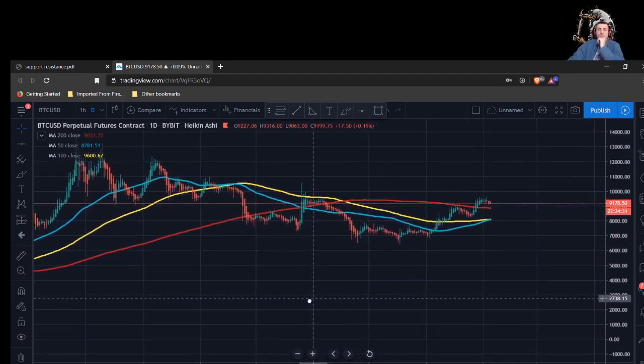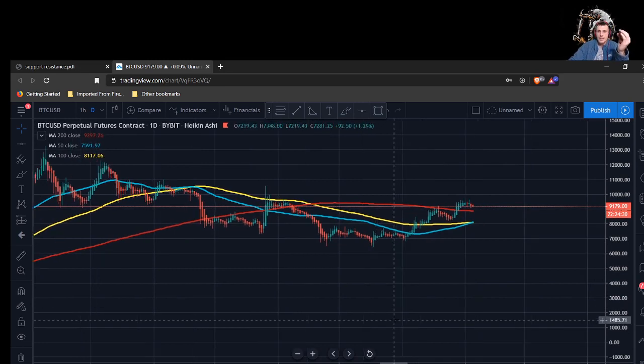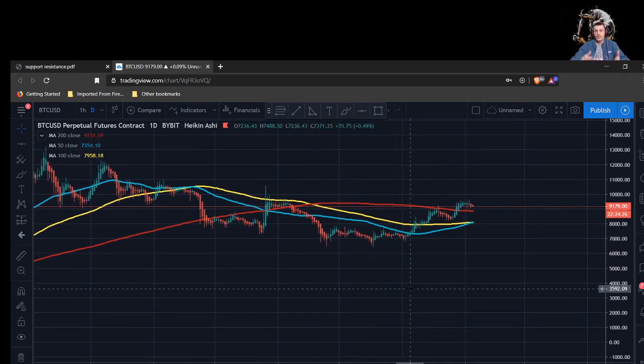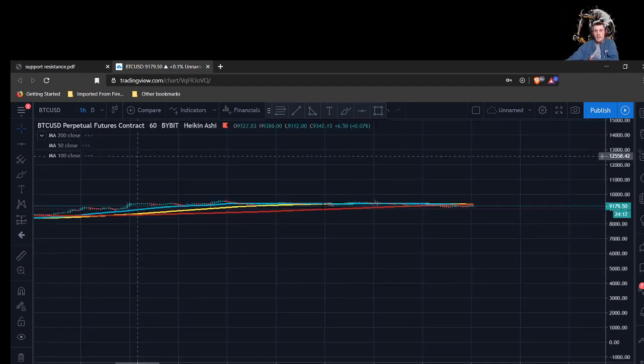Okay, so for your dynamic support and resistance, it's using the moving averages or using trend lines or something of the such. And basically what the moving averages do, or the trend lines, as you draw them, they will act as support and resistance. I will scroll down here on the lower time frame.